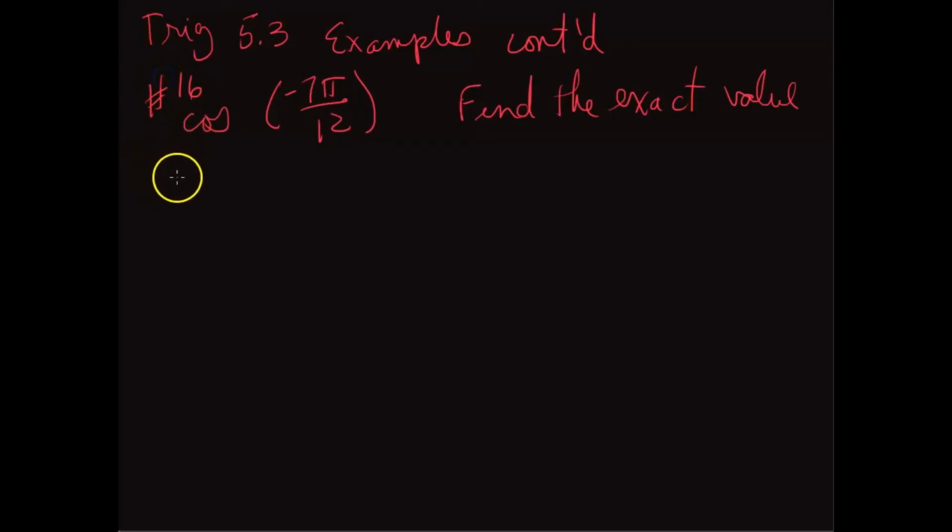So this is another example for section 5.3 in trig. Here's the cosine of negative 7 pi over 12. We want to find the exact value for our special angles. The tangent equals the sine over the cosine. Square root of 0, 1, 2, 3, 4 over 2.